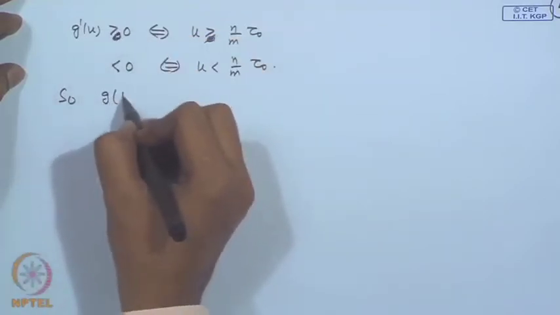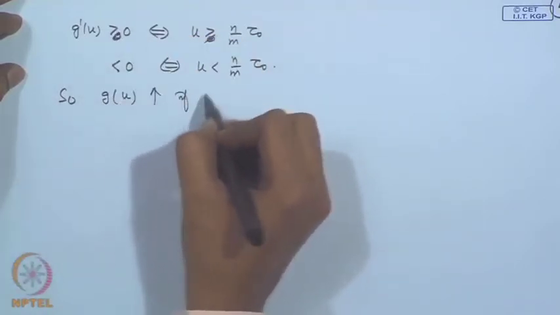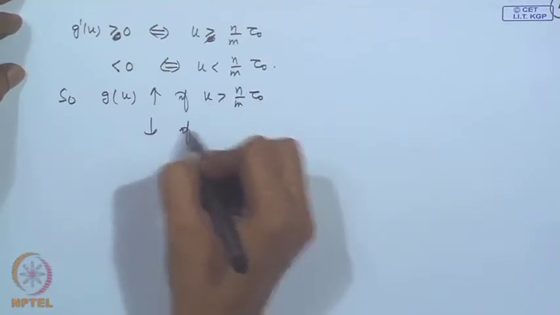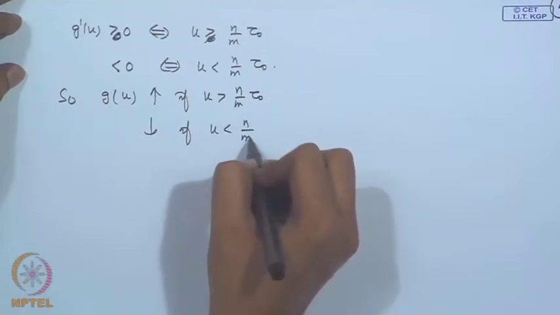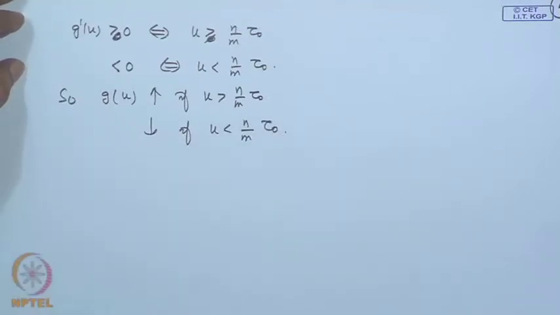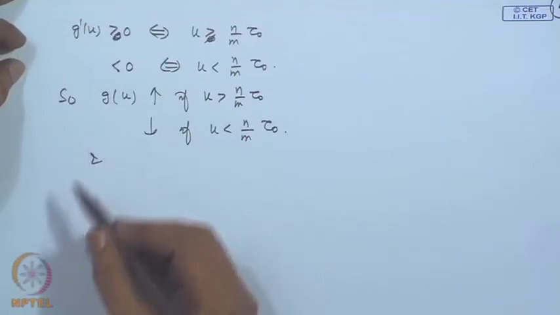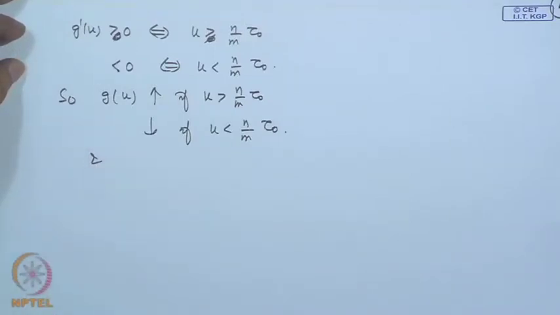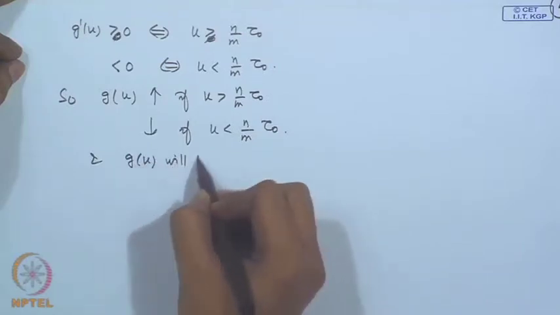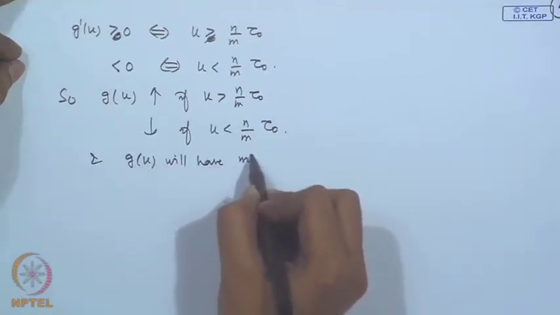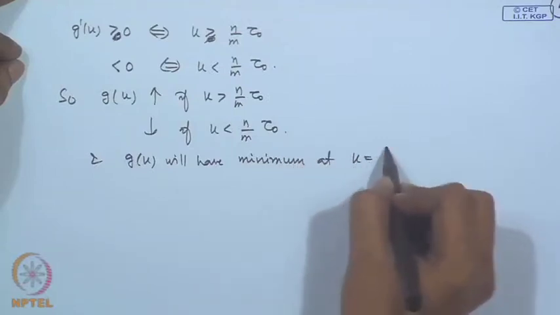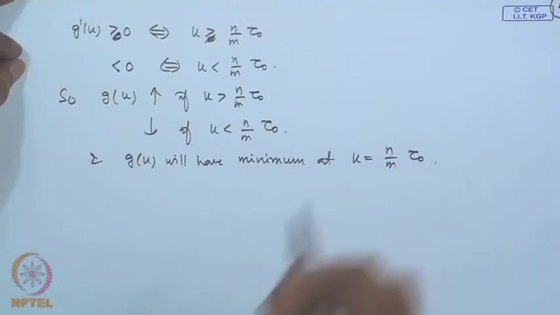So, G u is increasing if u is greater than n by m tau naught, it is decreasing if u is less than n by m tau naught. And G u will have minimum at u is equal to n by m tau naught.